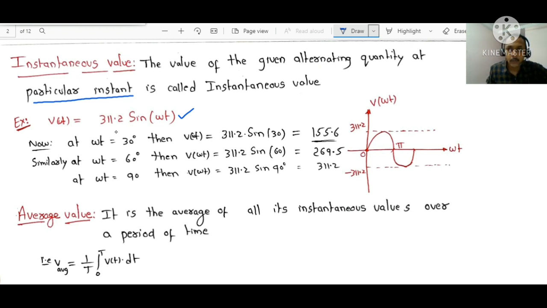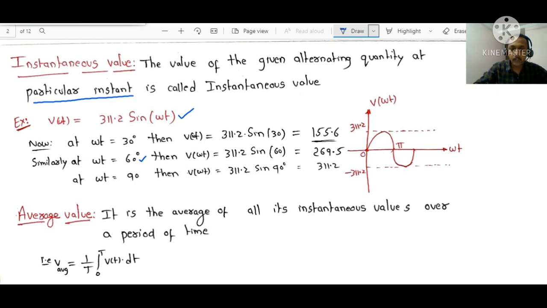Now we will get its magnitude at 30 degrees. That represents the instantaneous value. Otherwise, if you want its value at 60 degrees, it will be 311.2 into sine of 60, so 269.5. That is the instantaneous value.